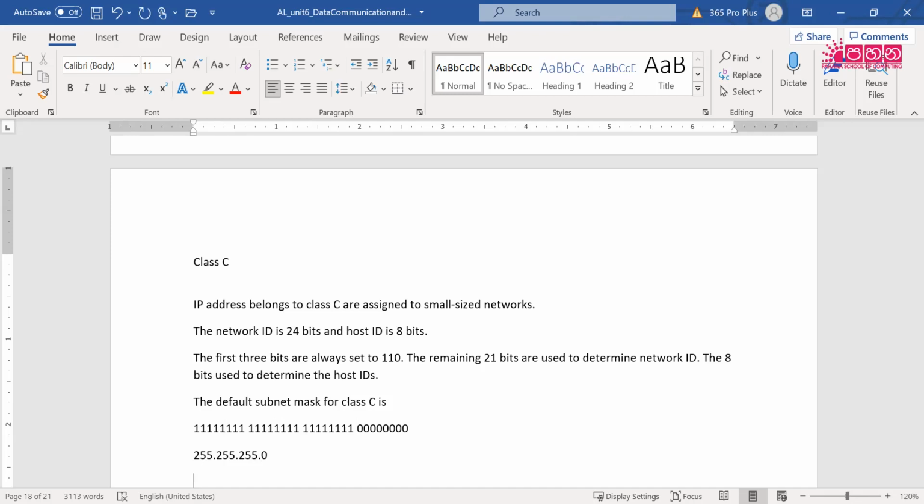So we can say for class C, there are 2 to the power 21, that means 2,097,152 network addresses.